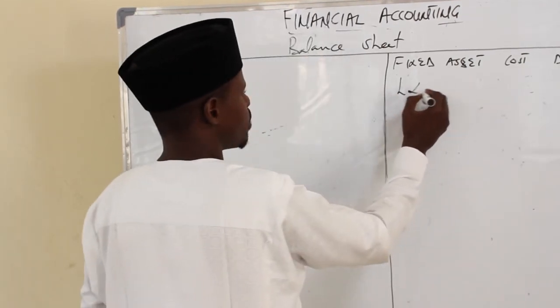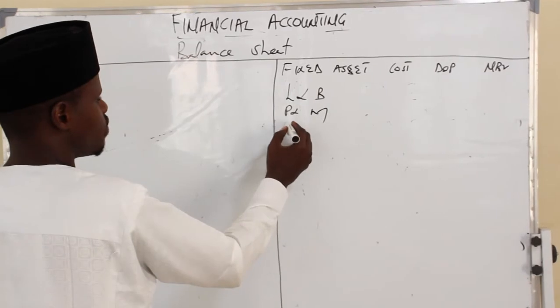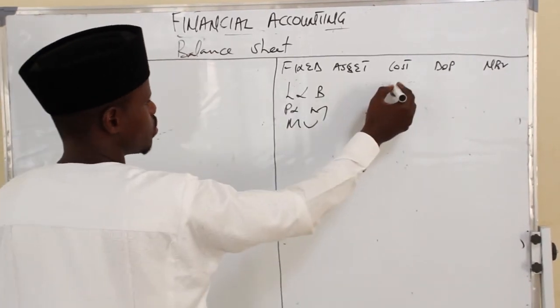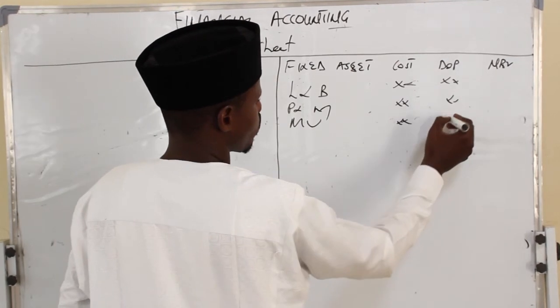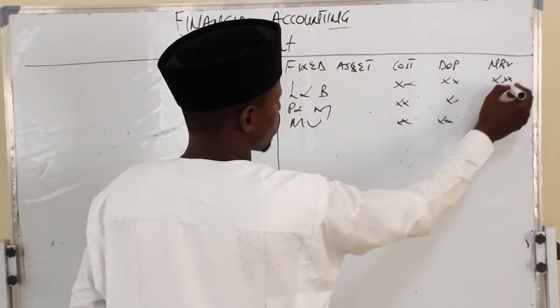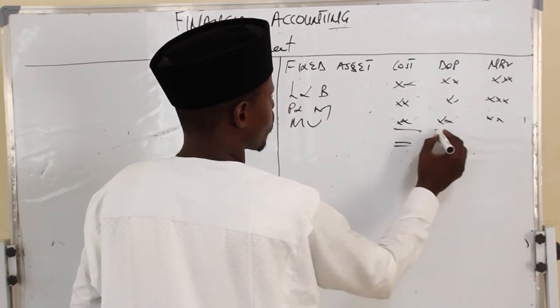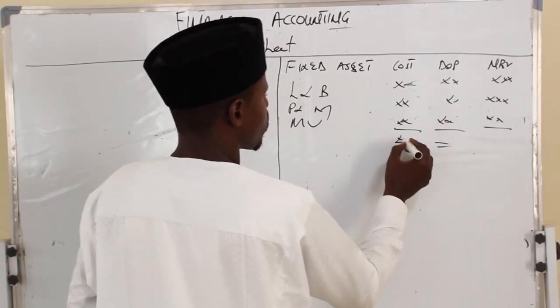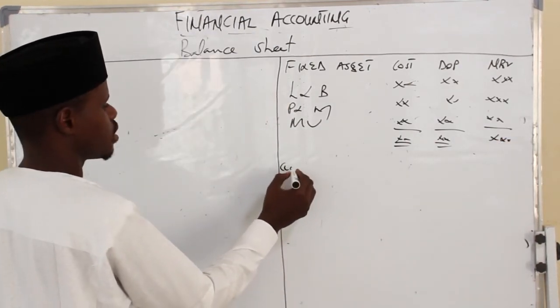So we have land and building, plant and machinery, motor van, then you have the current assets here.